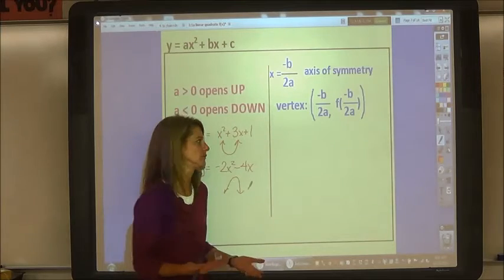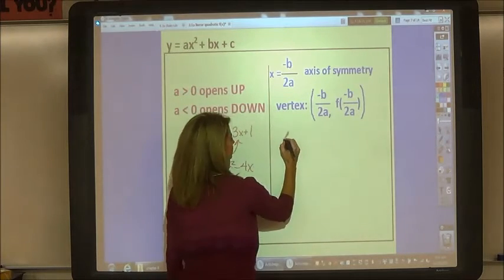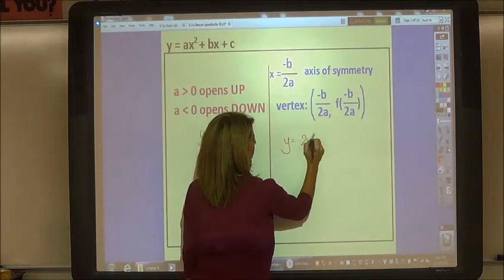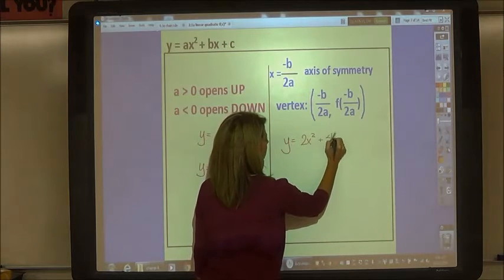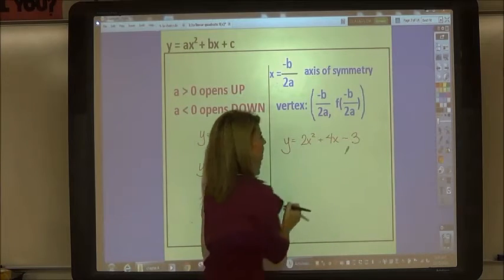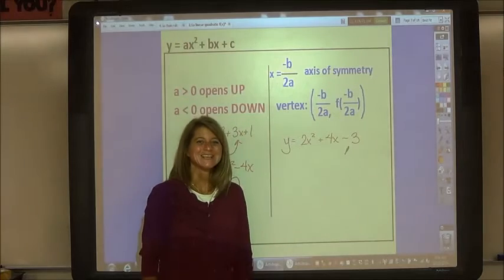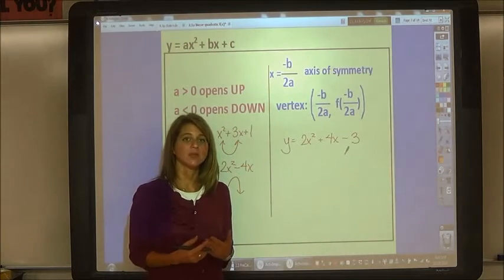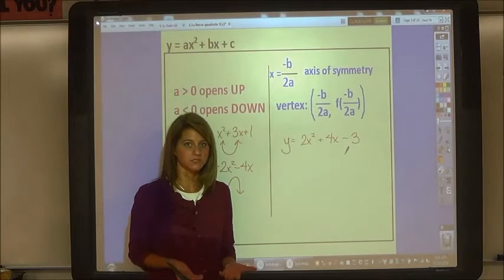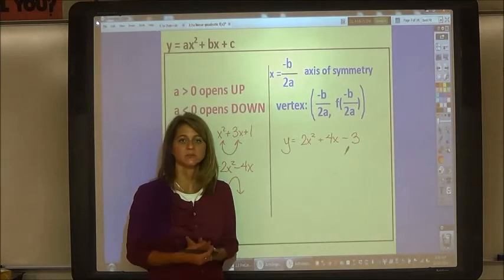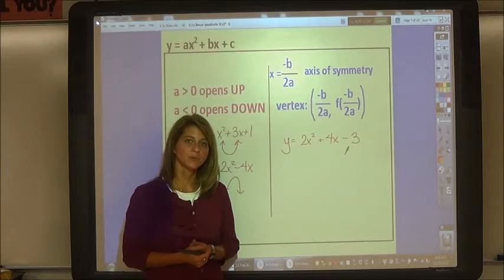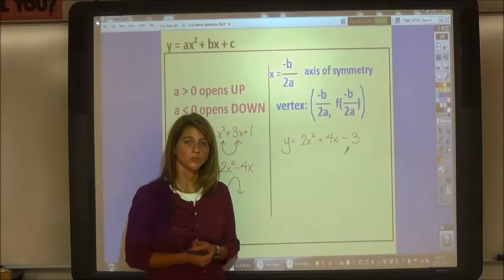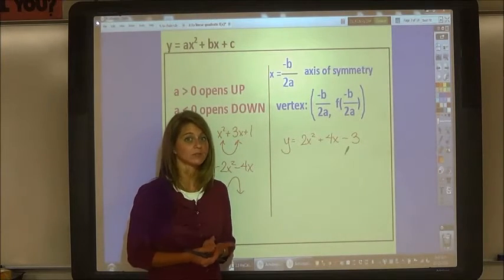So, for example, okay, you're writing this one down, right? 2x squared plus 4x minus 3. If I need to go find the vertex and the axis of symmetry, let's use this formula, opposite of b over 2a. You know what a, b, and c are, right?